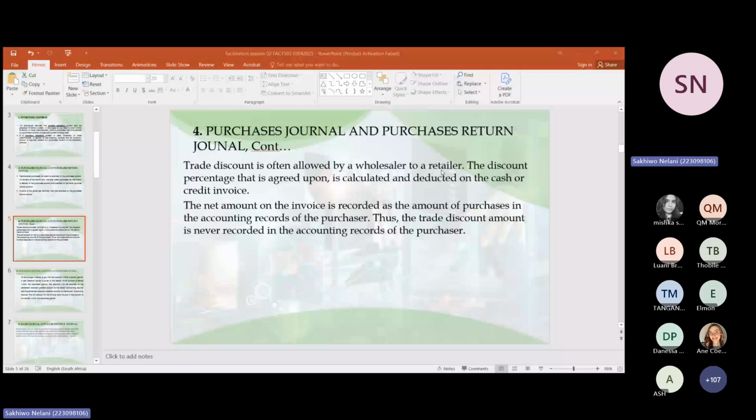Zinhle and Ishmael, followed by Tanganani and Zahara. Yes. So you said the Coke is 25 rands, and if you discount it to the customer, you give the customer the Coke at 20 rands.